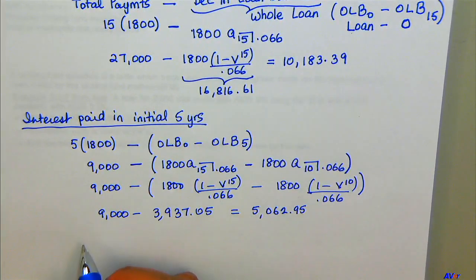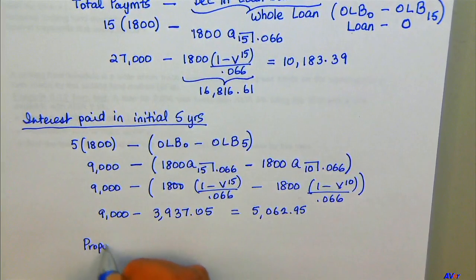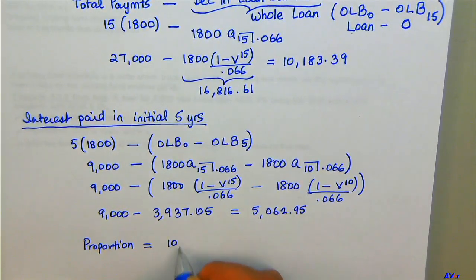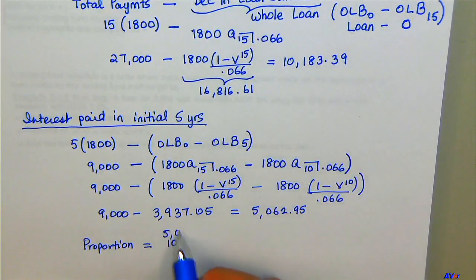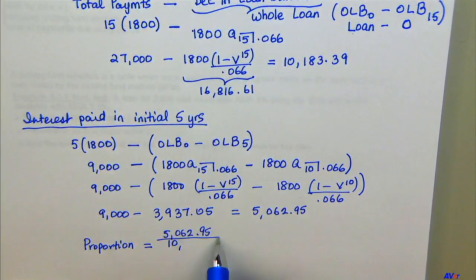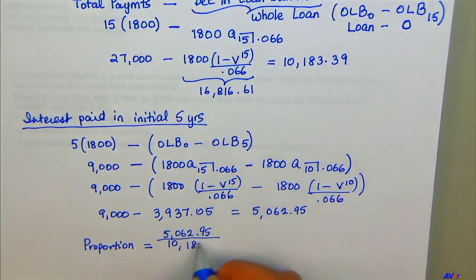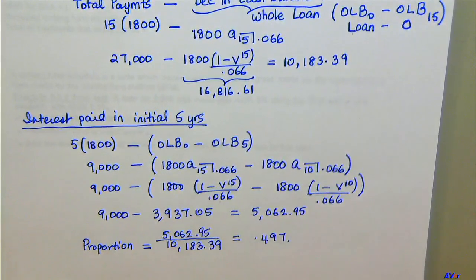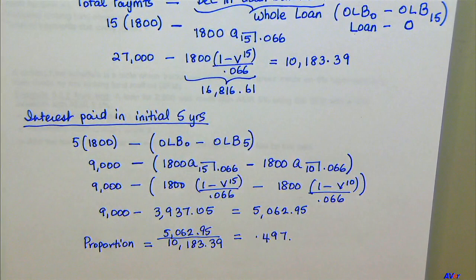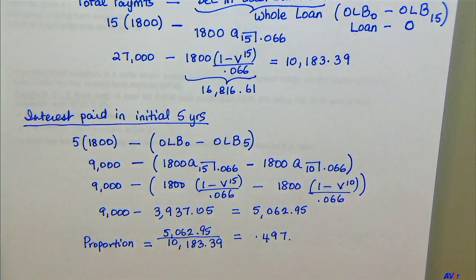So to answer the question, the proportion is equal to 5062.95 divided by 10,183.39, so 0.497, about 50%. The moral of this story is that 50% of the interest was paid in the first third of the loan.